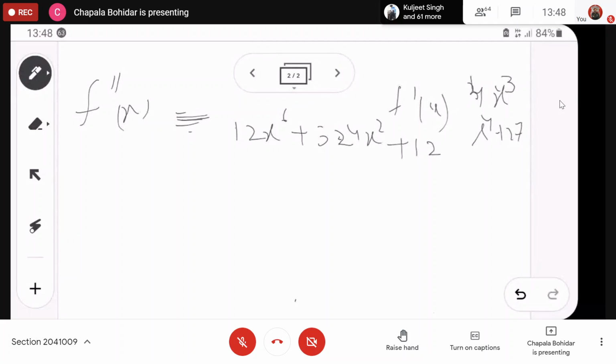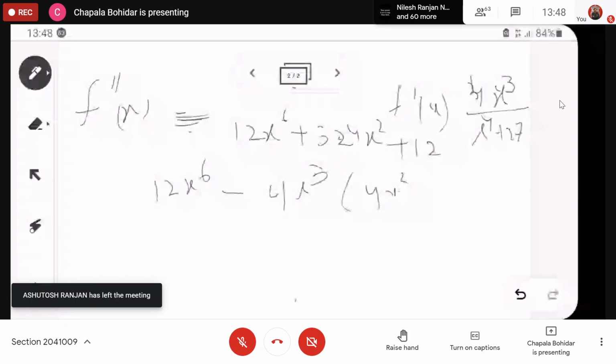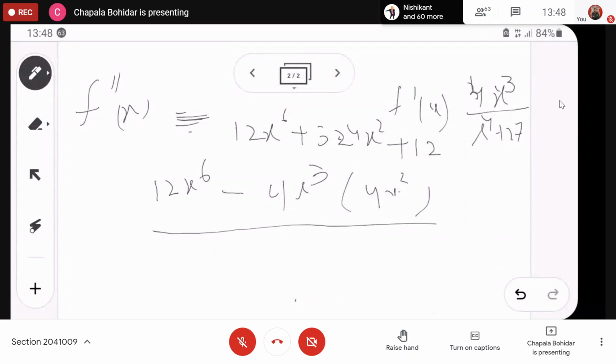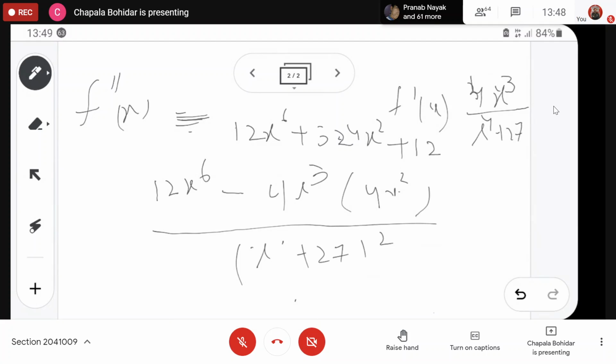I'm doing 12 x to the power 6, then minus, into 81, and minus x4 by 4x cube into the derivative of x to the power 4 plus 27, which is 4x cube, divided by x to the power 4 plus 27 whole square. I think this is correct.